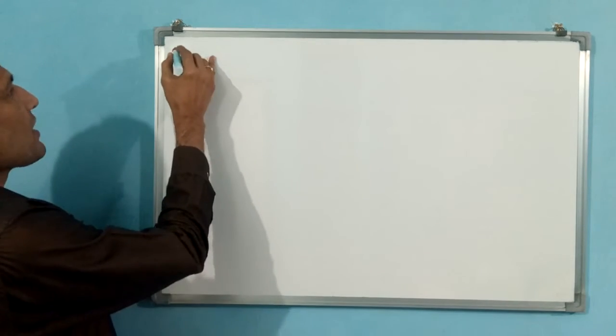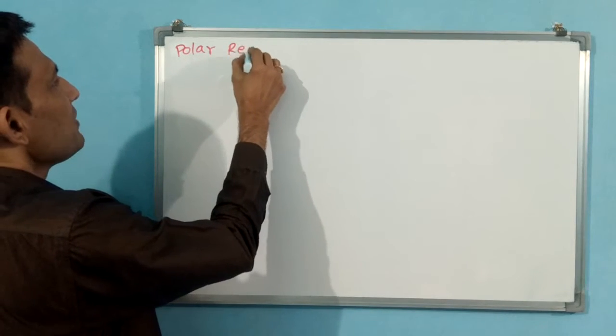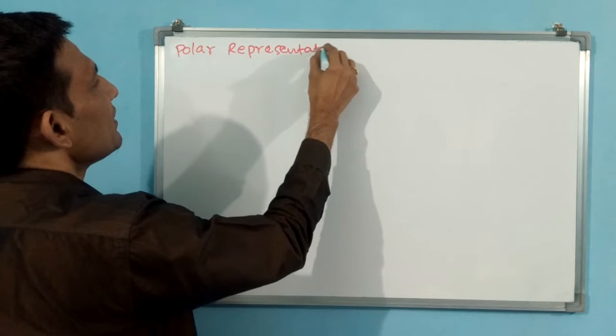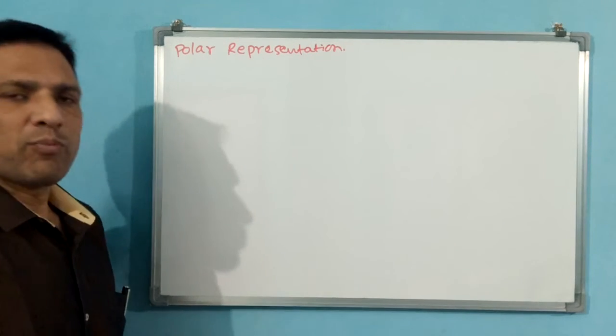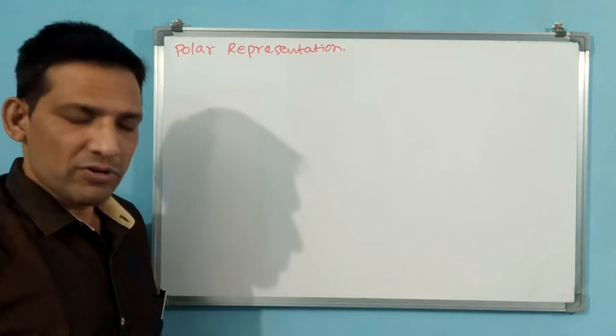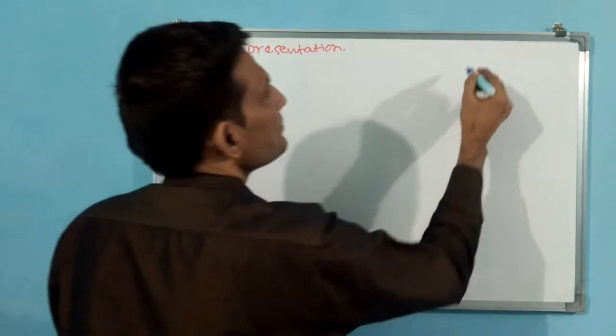See, polar representation. Now we have seen the Argand plane, we will see polar representation. For polar representation, I require only one quadrant. The first quadrant only I am going to draw, and we have to know the angle also.